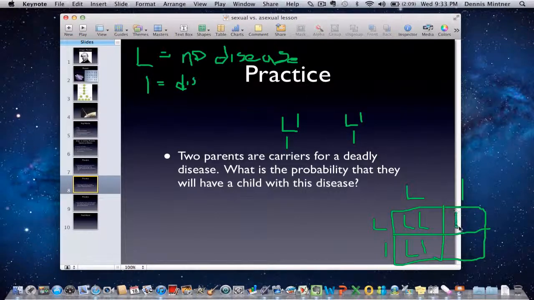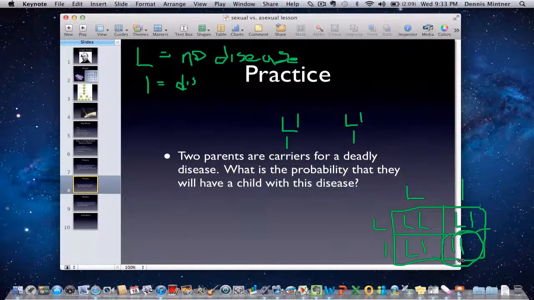This one right here would be big L, little l, also heterozygous for no disease. And then this one, something interesting happens here. I get little l, little l. That's homozygous for the recessive trait. The only way it shows up is if it's homozygous for the disease. So there's only one chance in 4, 1 out of 4.